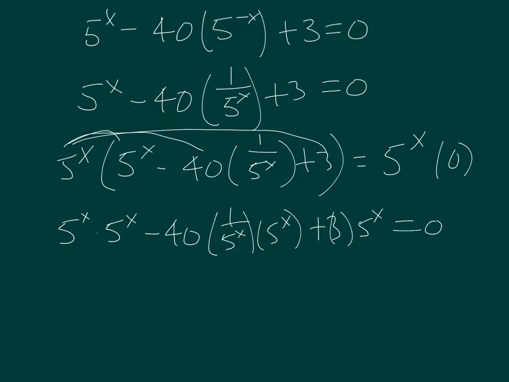Now, when we multiply with like bases, we would add exponents. So we have 5 to the 2x, x plus x, minus 40, because these 5 to the x's are going to cancel, plus 3 times 5 to the x equals 0.